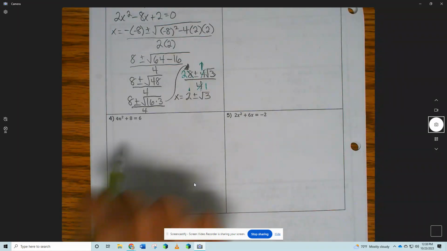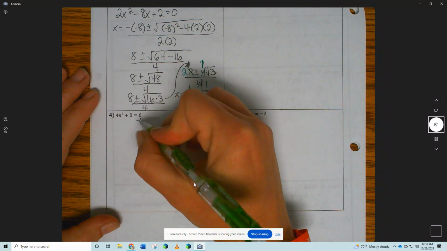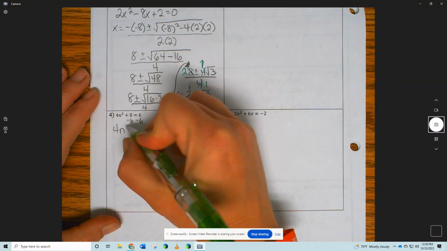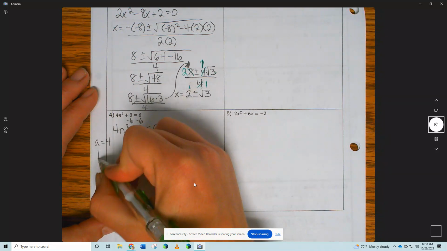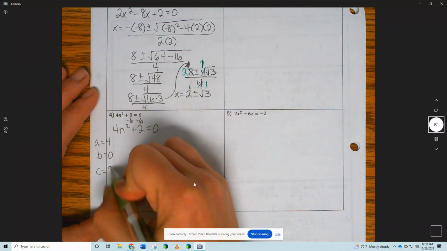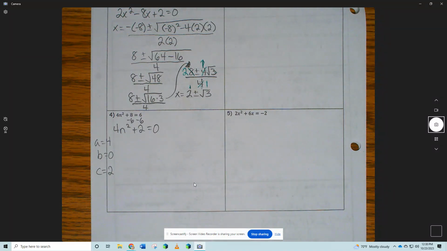Let's jump to 4. Number 4 is going to have an imaginary in it. Okay, move the 6 first. There is no b. A equals 4, b equals 0, c equals 2. There is no b. Go ahead and do this one on your own. Number 4.